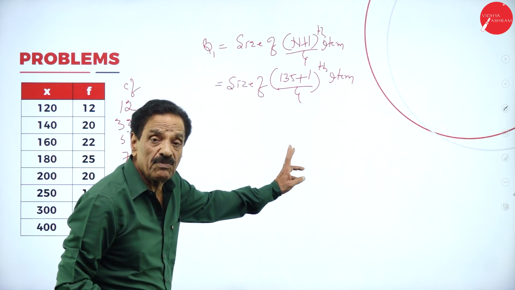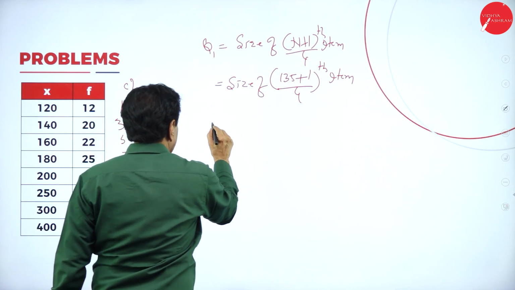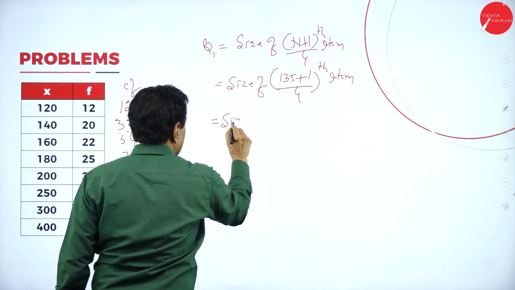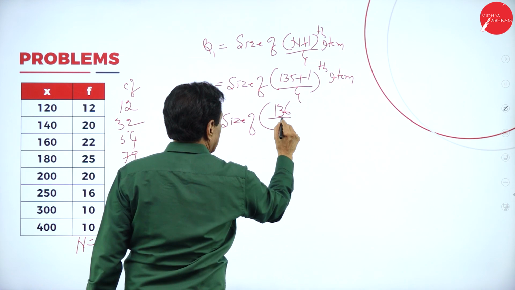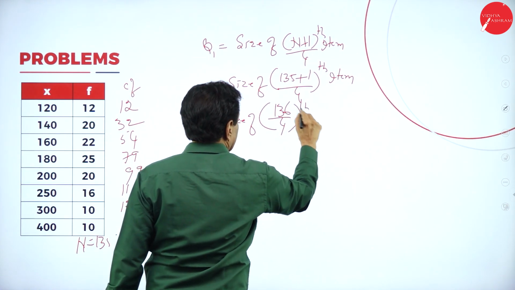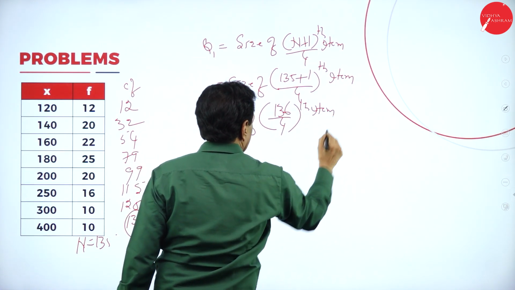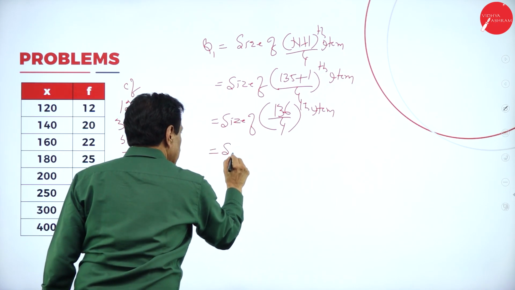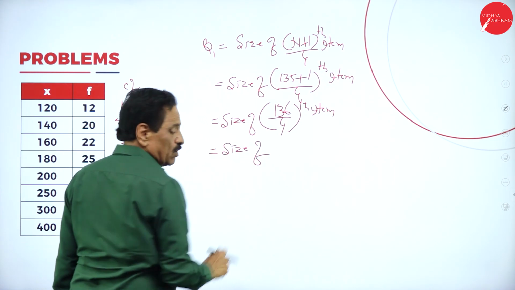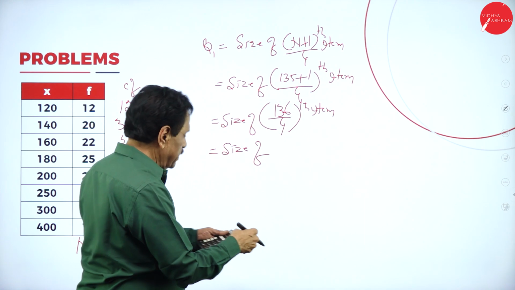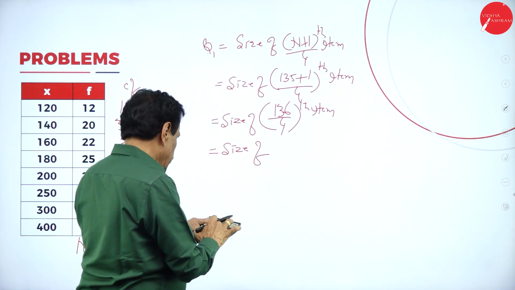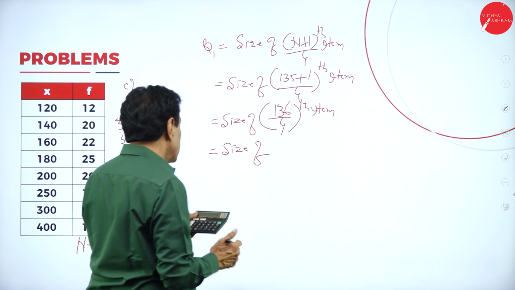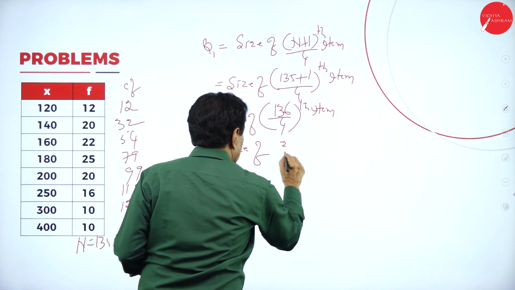This is size of 136 divided by 4th item, which is equal to size of 34.